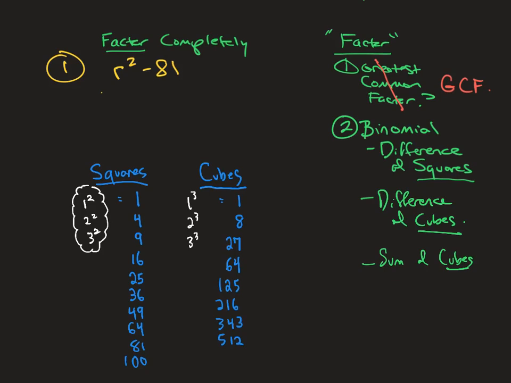But back to the r squared minus 81. So definitely talking about difference. So we're either talking about difference of squares, difference of cubes, and if it's neither of those, we'll just say it's not factorable. But if we look at our squares list, and by the way, let me add on to this just a little bit.